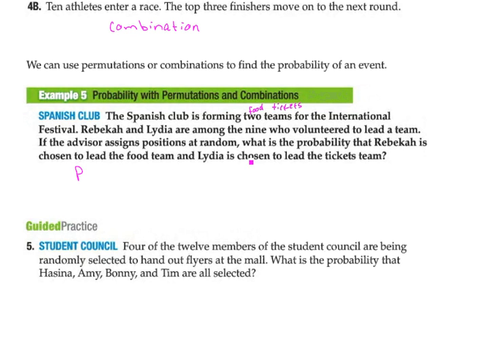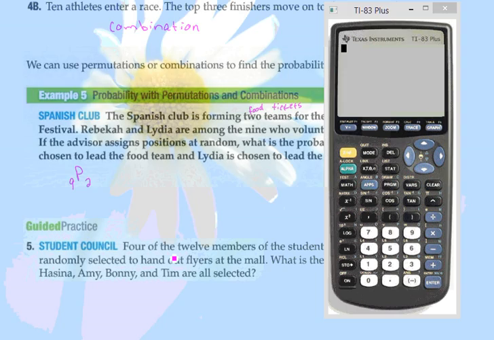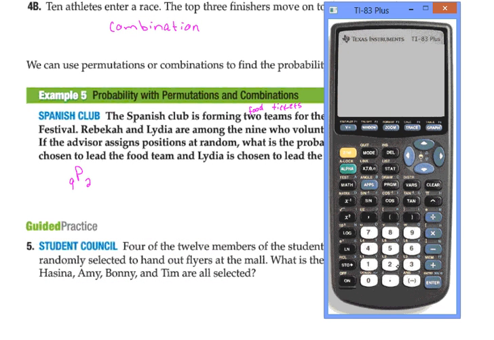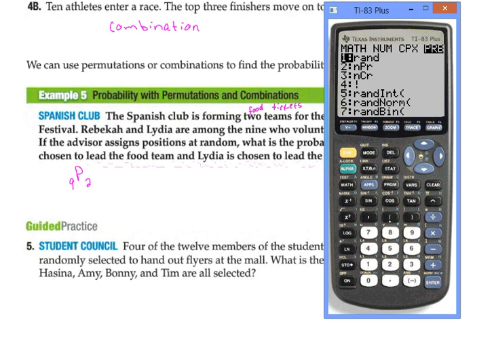Rebecca and Lydia are 2, so we are choosing those 2 out of the 9 students who will lead those teams. Let's look at what this permutation is to see how many possible outcomes there are. So again, 9 permutation 2.